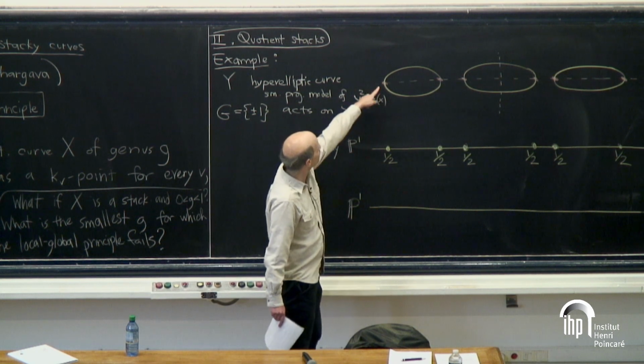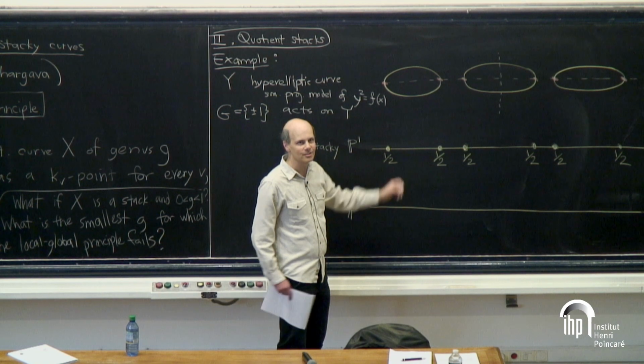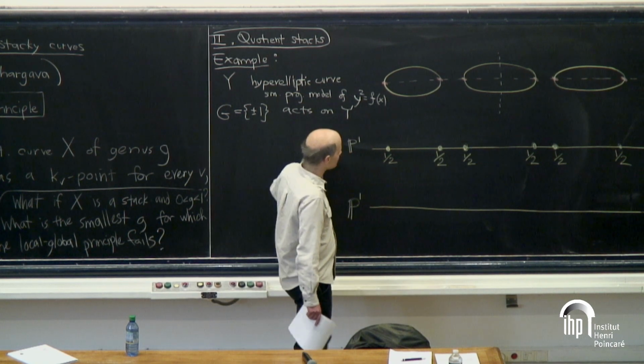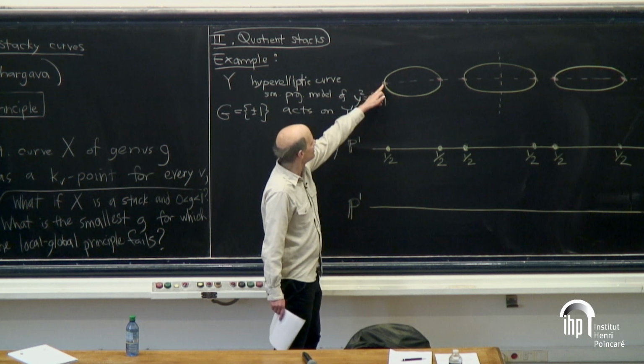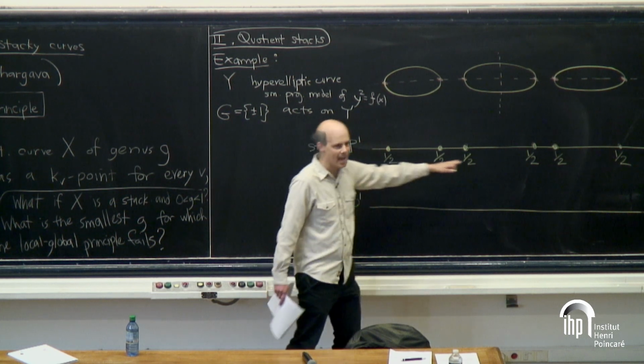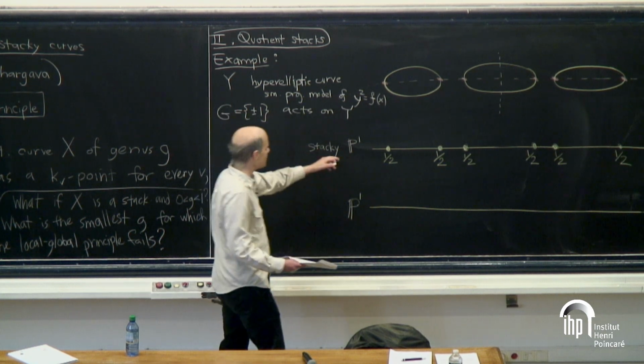But then, if you have 1 fixed point, that should somehow become half a point. So the true answer should be something like a P1, except with all the fixed points replaced by half a point. I want to explain what this means, but that should be the true quotient.